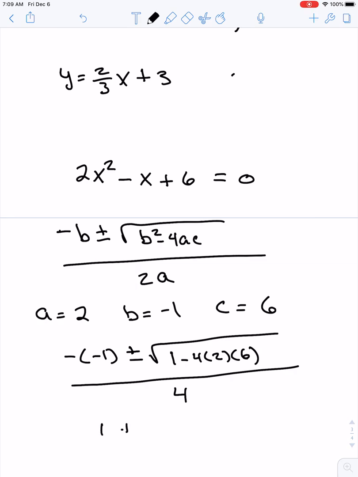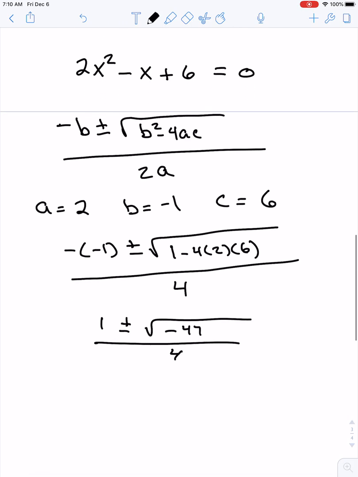So 1 plus or minus the square root of, we have a 4 times 2 is 8, 6 times 8 is 48, so 1 minus 48 gives us a -47 all over 4. So you can see you have a negative under the radical, so that tells us this is a complex solution.